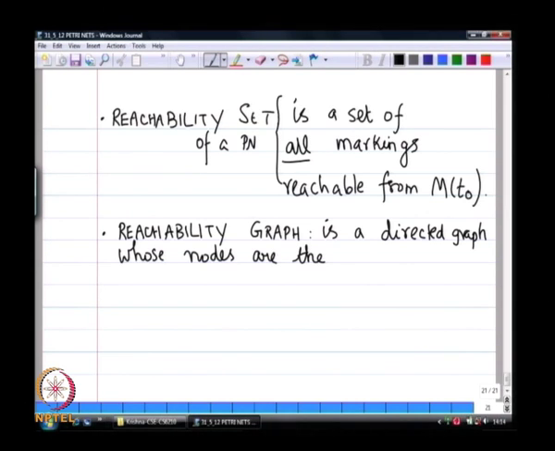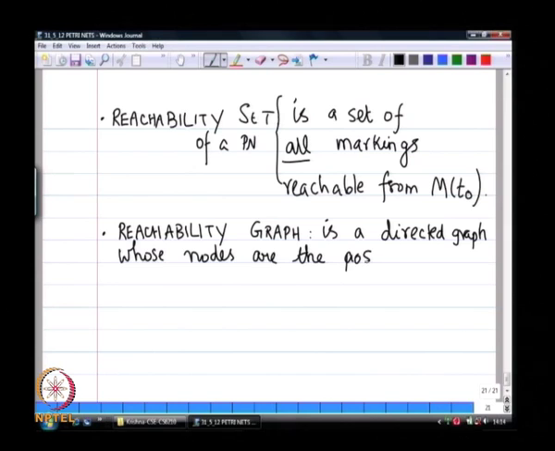All the markings, right, the set of all the markings that are possible in that particular system, otherwise the reachability set from whatever M of T naught. So this is the reachability set, and those are the set of nodes.